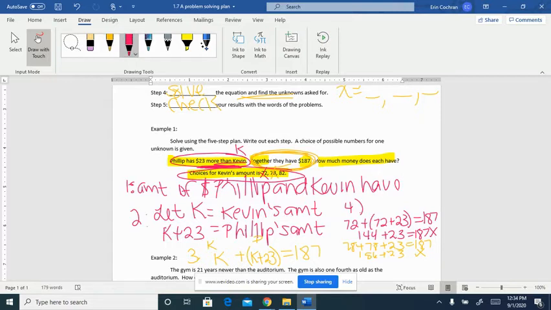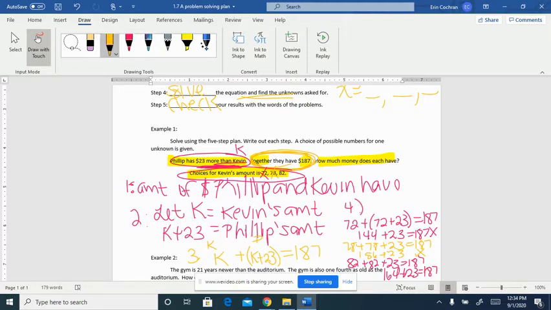Let's try 82. So 82 plus 82 plus 23, does that equal 187? 82 plus 82 is 164, and 164 plus 23 does equal 187.